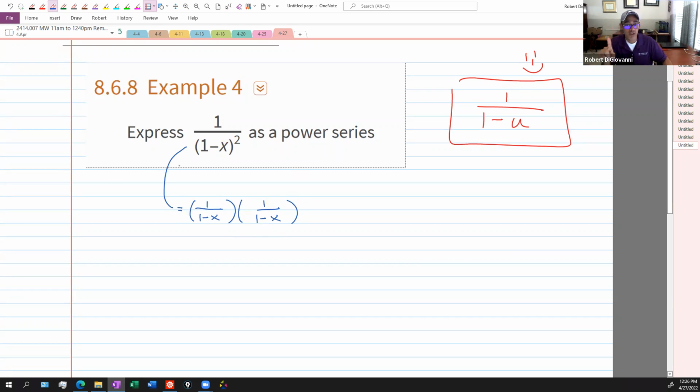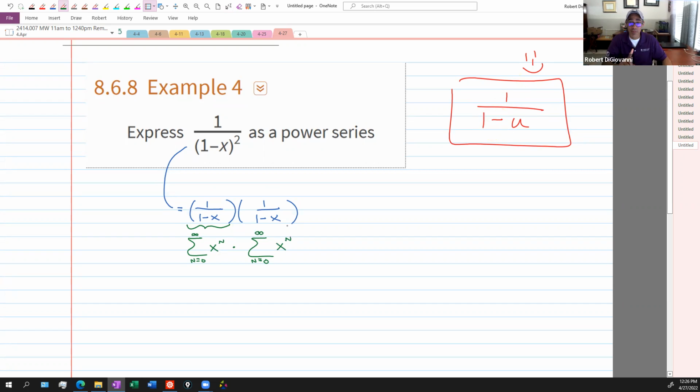But we run into a major problem because, yes, I agree with you, this would turn into a series. This would be the series sum n equals 0 to infinity of x to the n. Why? I'm using this formula, right? And then it would be times another series, n equals 0 to infinity of x to the n again.